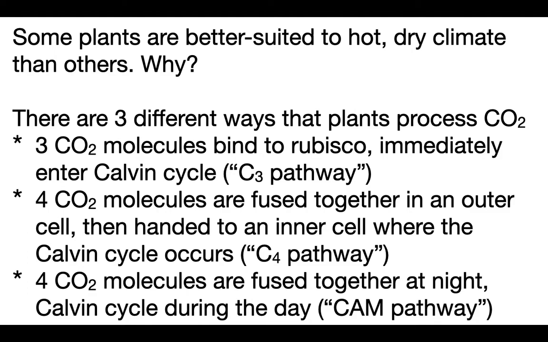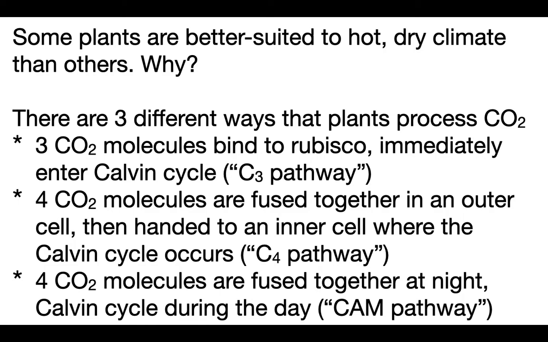So there's no rubisco out in the outer area of the cell, which means if there's an abundance of oxygen and not as much carbon dioxide around the plant, it doesn't matter because where that rubisco is starting the Calvin cycle is further down inside the plant. We'll take a look at a drawing of that in just a second.